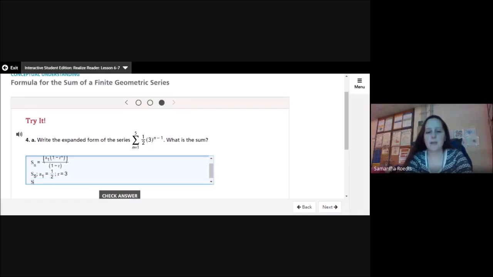So I'm looking for S sub 5, so that's going to equal my a sub 1 value, or 1/2, times 1 minus my r, which is 3, raised to the 5th power.